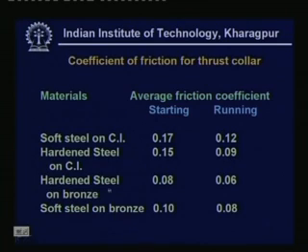Then hardened steel on bronze, which is a softer material, then of course the friction becomes very small. When you use hardened steel and bronze, it becomes 0.08 in starting conditions, that is the static coefficient of friction, and the kinetic coefficient of friction is 0.06. Soft steel on bronze, the starting coefficient of friction is 0.10 and the running coefficient of friction is 0.08.